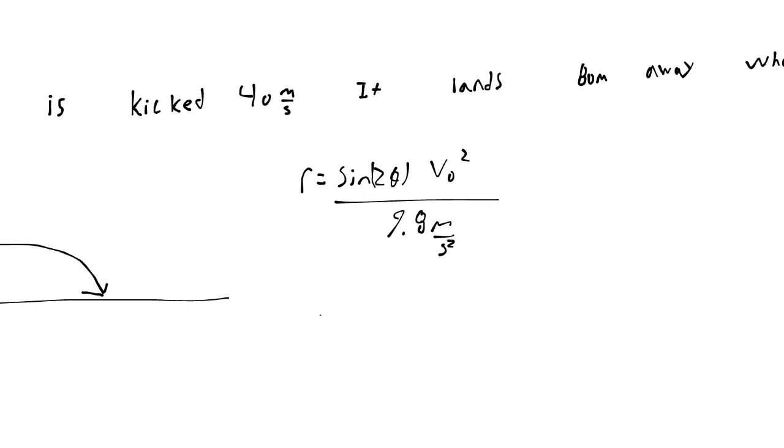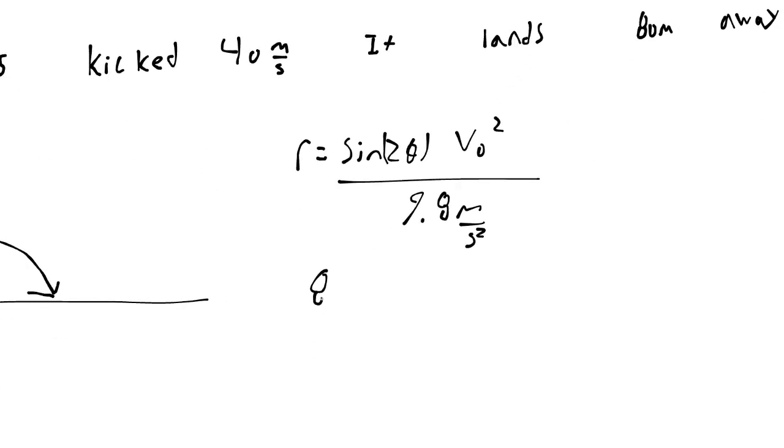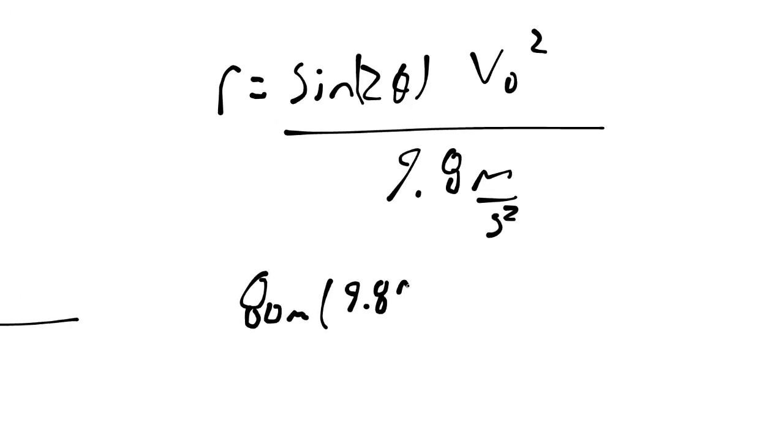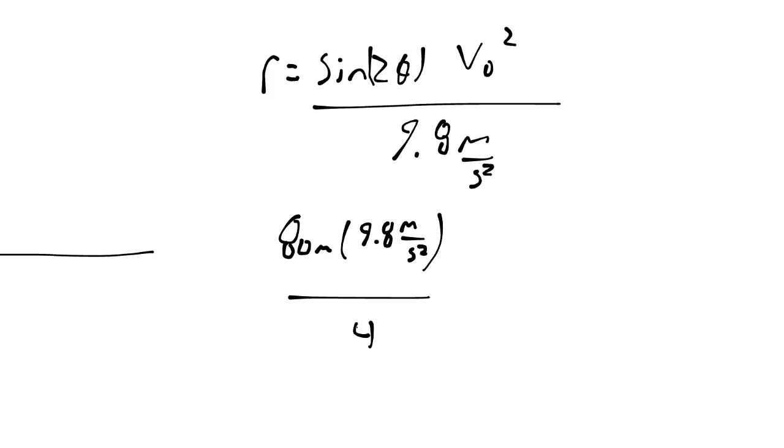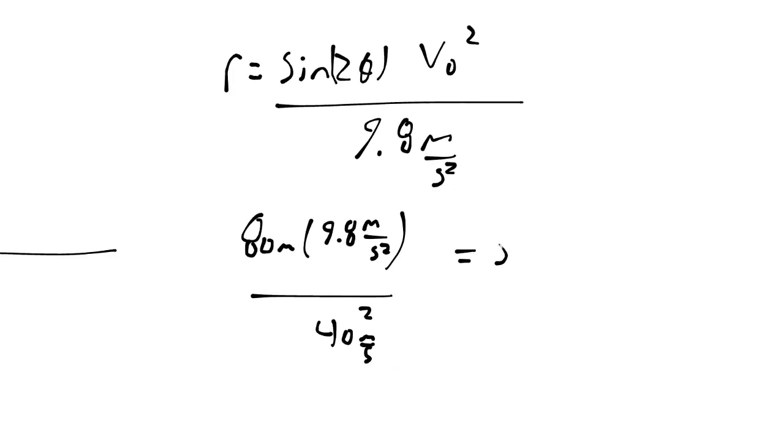So I'll do 80 meters times 9.8 meters a second squared, and then divided by 40 squared meters a second. And that is going to equal sine 2 theta.